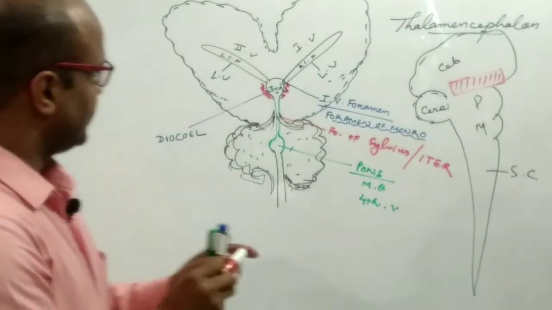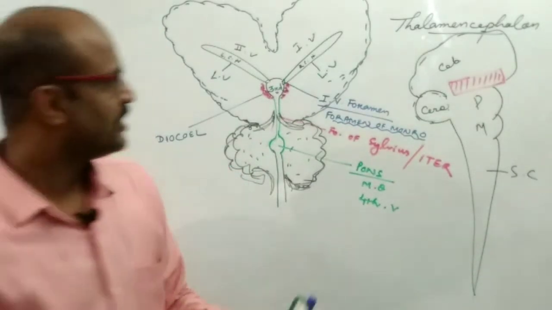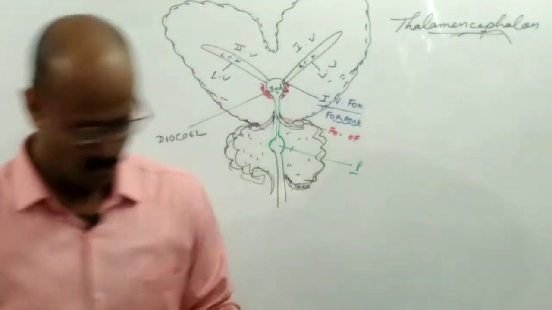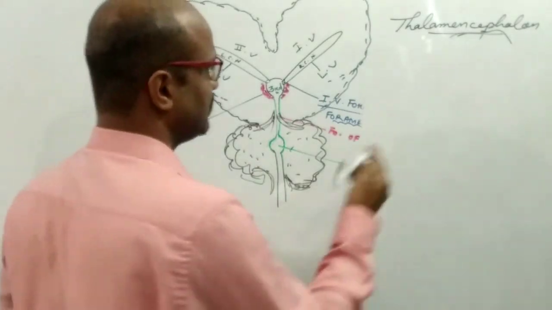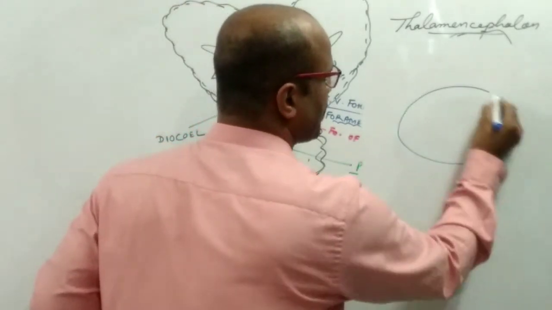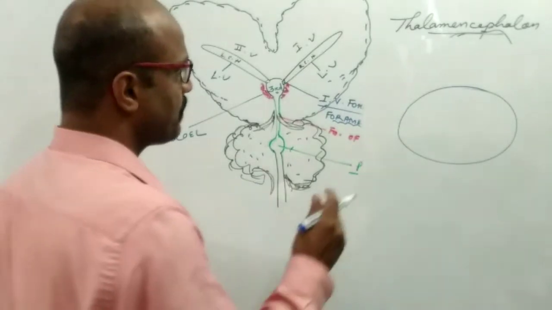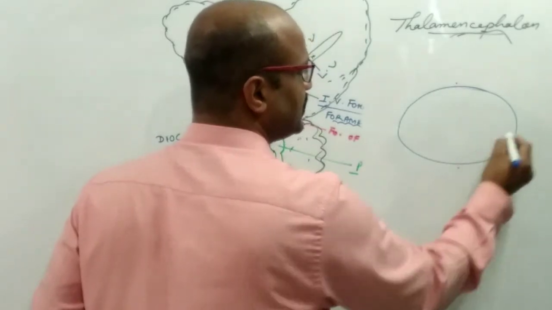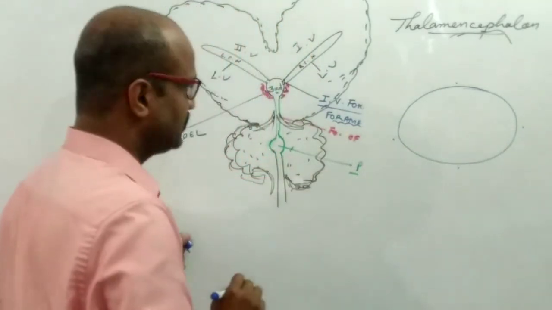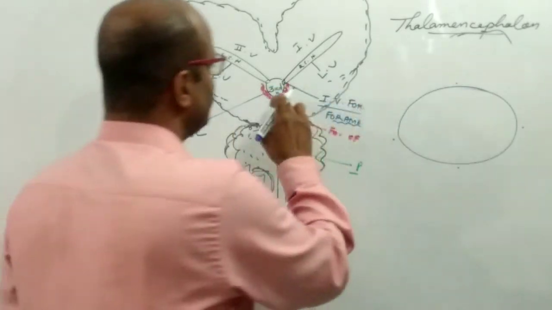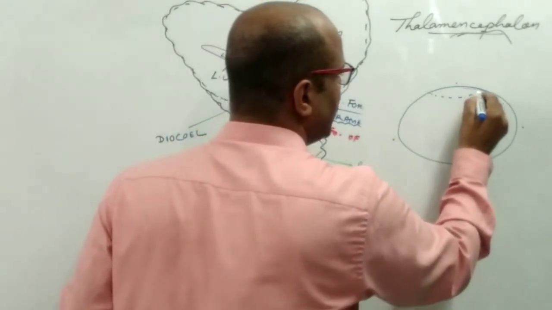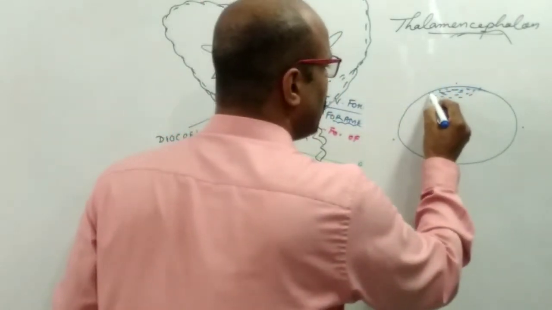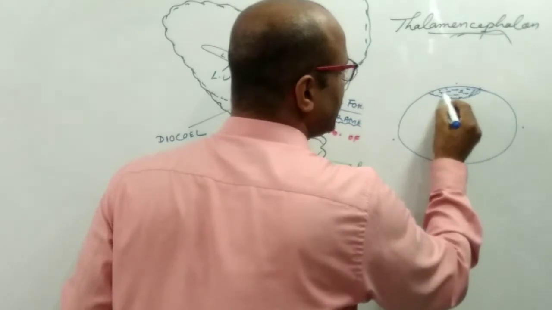If you take a section, suppose that this is the section of the third ventricle, where this is the superior region, this is the inferior region, and this is the lateral region. The superior region of the third ventricle has some neural mass, and such neural mass forms the epithalamus.